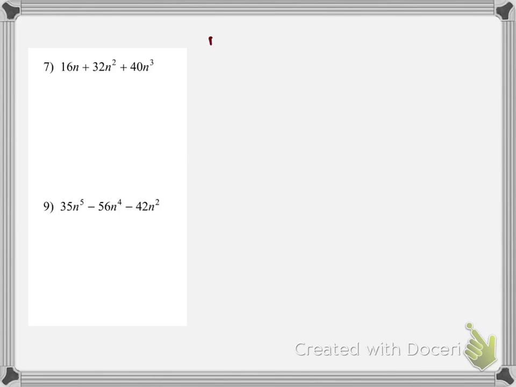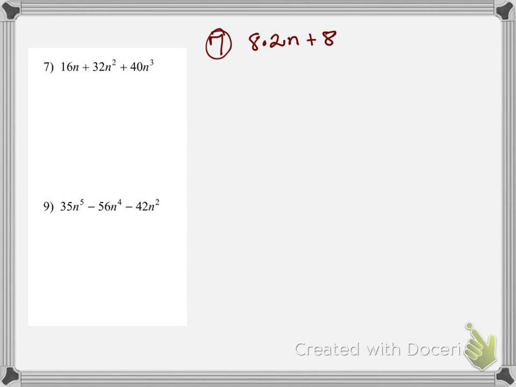Alright, number 7 here. I've got 3 terms. That means that when I pull out a GCF, I'm still going to have 3 terms in the parentheses. Okay? So I'm looking at 16, 32, and 40. And it looks like the biggest number is going to be 8. So I'm going to break things up a little bit. Alright, so I've got 8 times 2, that makes 16, right?